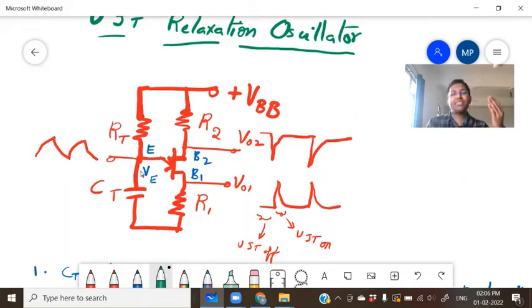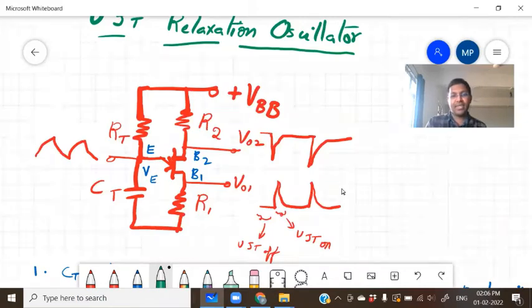When VE becomes equal to the valley voltage, the UJT becomes off, so the capacitor will charge via RT. Again, when the capacitor voltage reaches the peak point, the UJT becomes on, so the capacitor will discharge. The graph is like this.